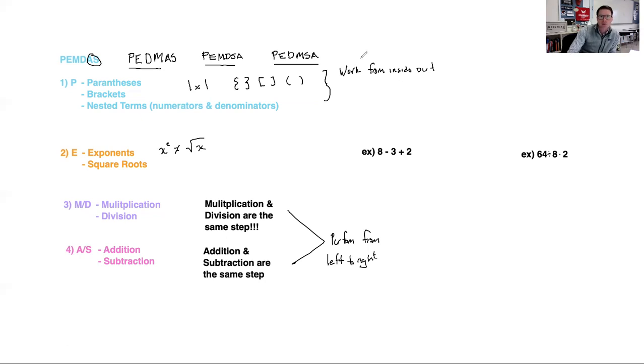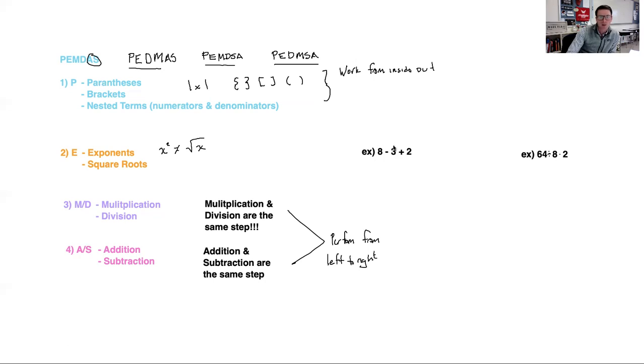All right, welcome back. Here we go. So first, let's solve this as we should, knowing that it's not always PEMDAS. We'll go green for this correct way. So I have subtraction and I have addition in the same step. So I know that I need to perform these from left to right.